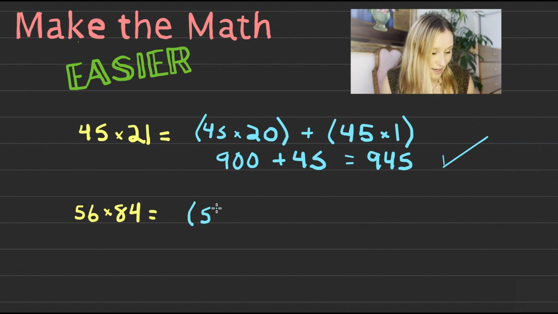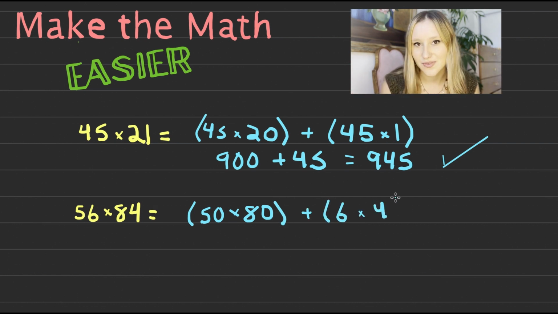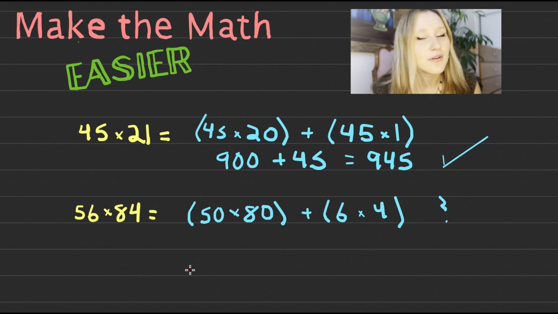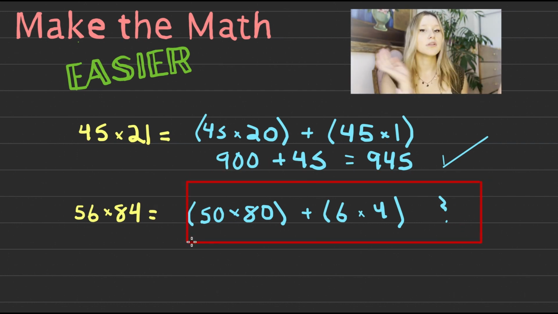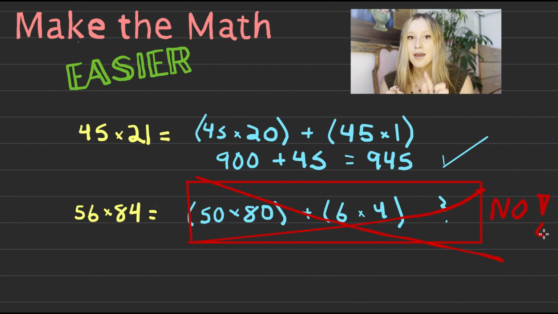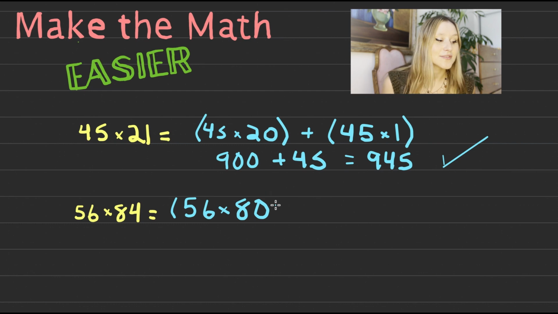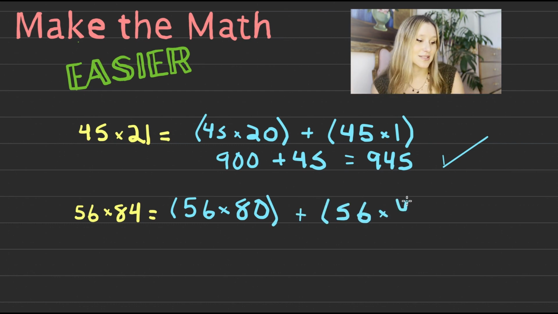Let's do 56 times 84. Okay, easy. Let's just do 50 times 80 and 6 times 4. No. That is a mistake. We can only separate the tens and the ones of one number, not 2. So we get 56 times 80 plus 56 times 4.